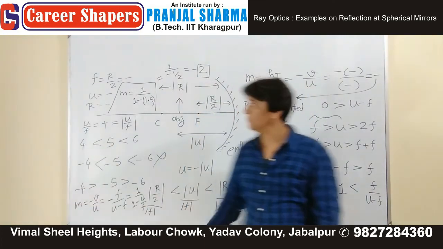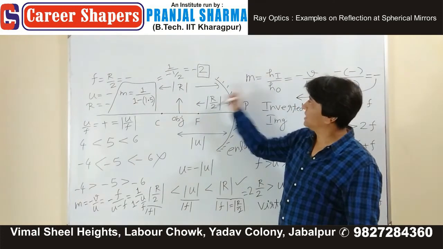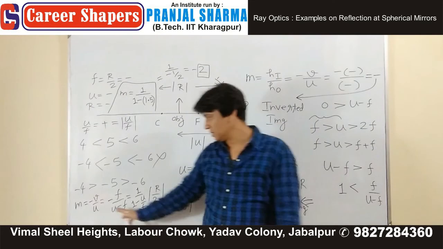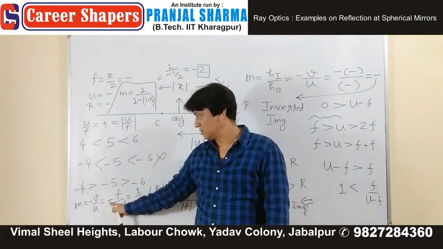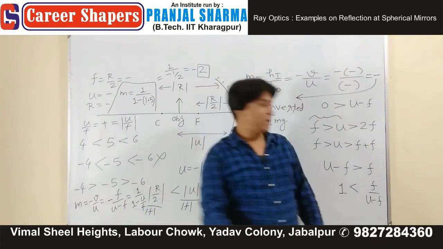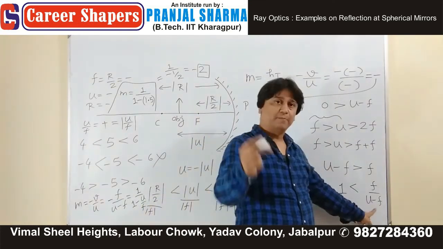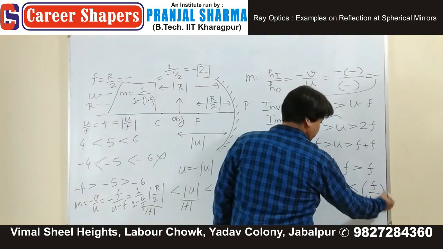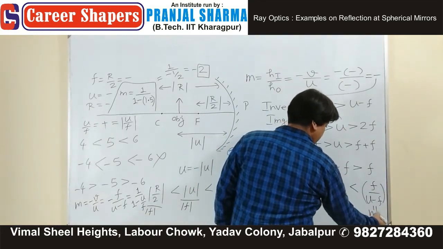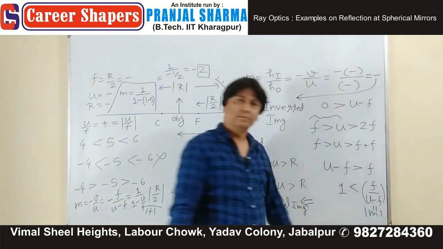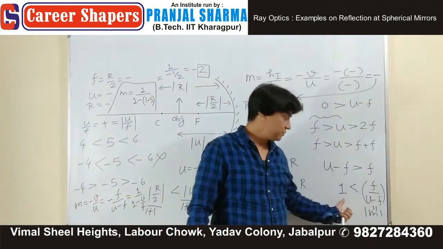So this f upon u minus f is basically what? Mod of m. m is negative, minus of 2. Mod of m is what? Mod, remove the negative sign. So you are left with f upon u minus f, and we have proved that this f upon u minus f whole thing is nothing but mod of m, which is greater than 1.